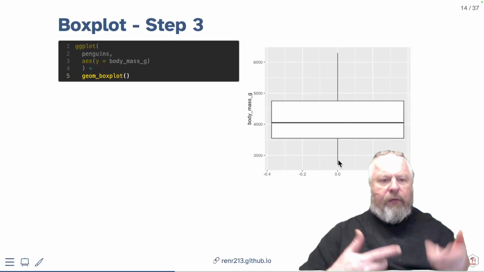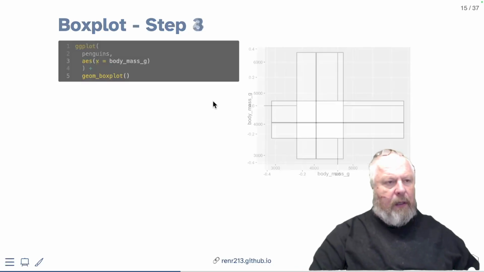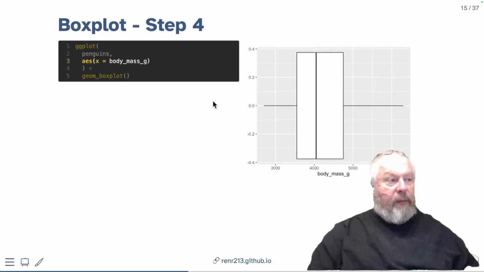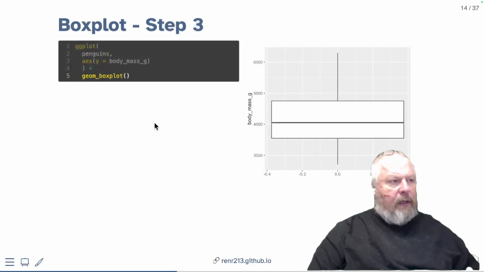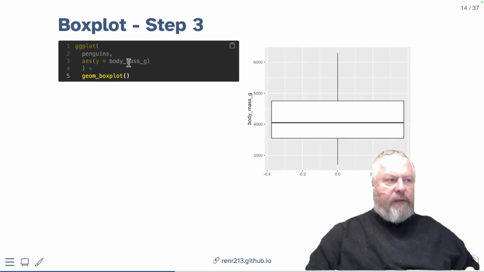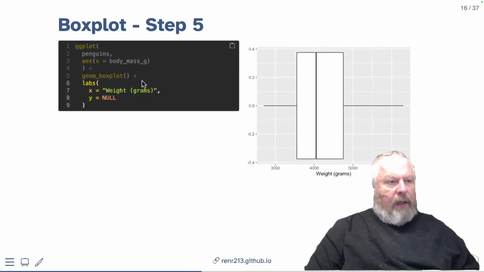And it also will indicate outliers that are beyond that. We can flip it around so we can say that the body mass is on the x-axis instead of the y-axis. This is where we said the body mass was on the y-axis in the previous one. Labels.